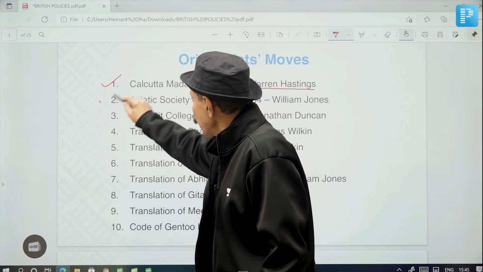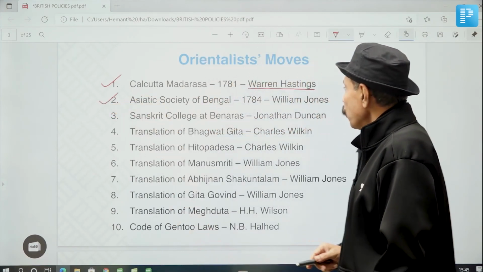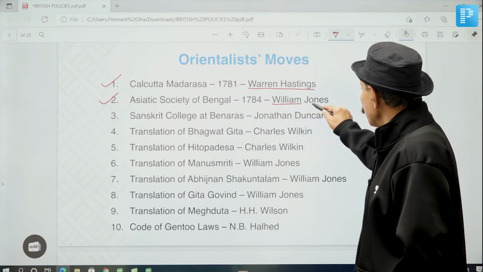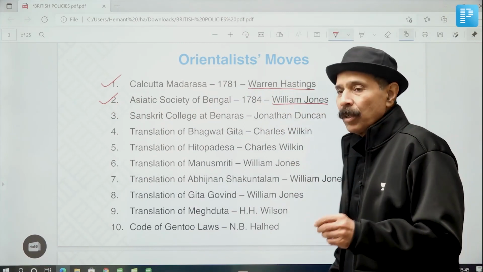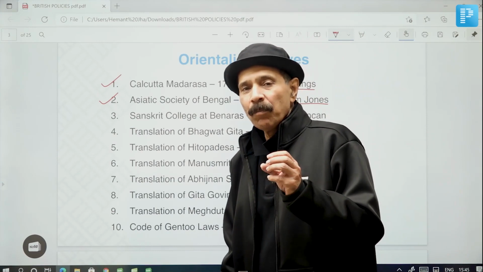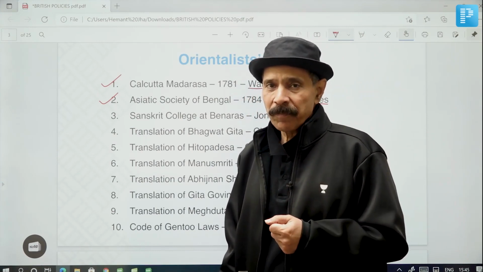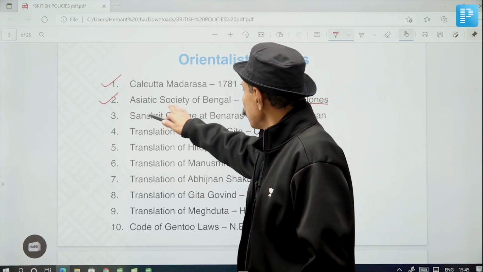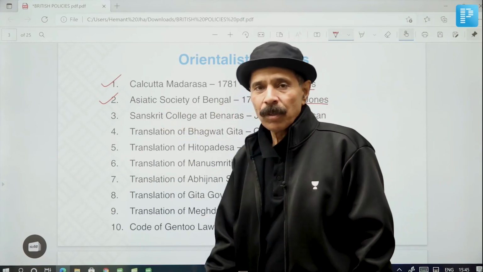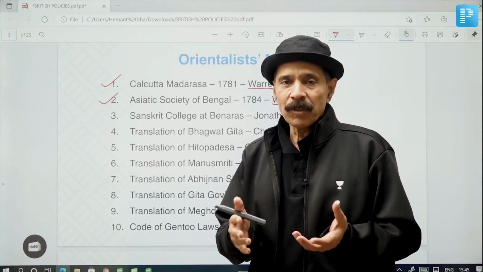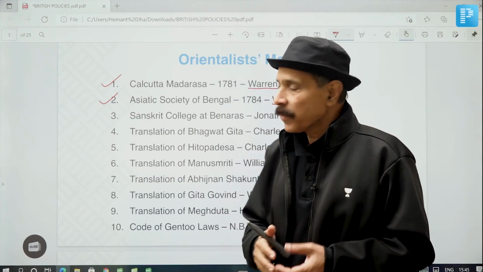Second is Foundation of Asiatic Society of Bengal in 1784 by William Jones. William Jones was one important member of this group known as Orientalist. And the purpose of Asiatic Society of Bengal was to promote Oriental learning, and that means to promote a study of India.